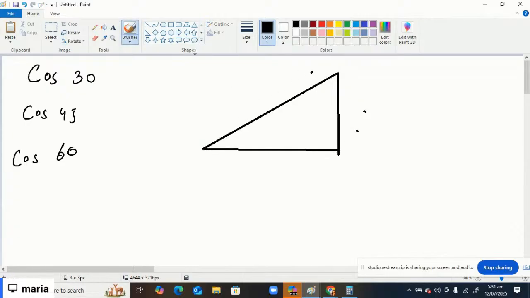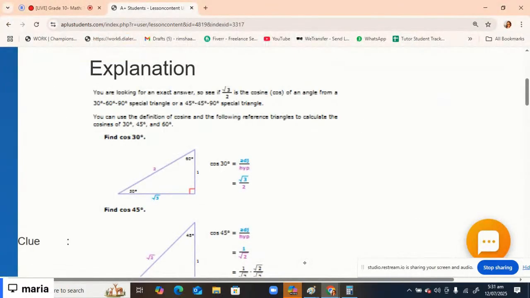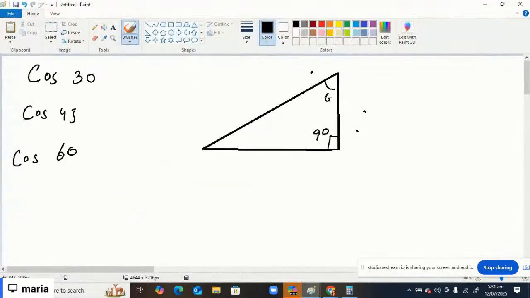Let me draw the triangle here. This angle is a 90 degree angle. So we make the full triangle, which has 60 and 90, and 60 and 30 make 90. Now this side is 1, this is 2, and that is square root 3.